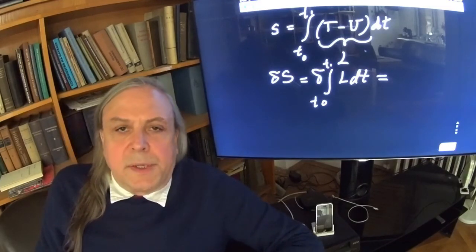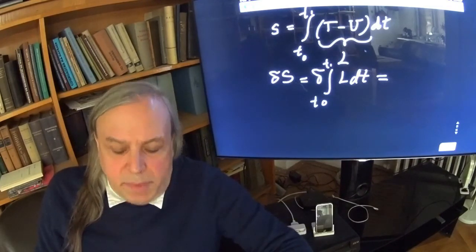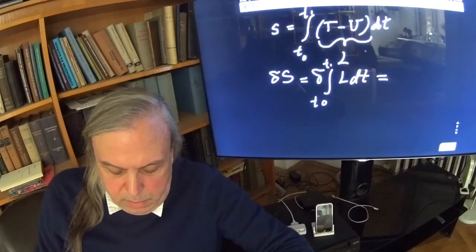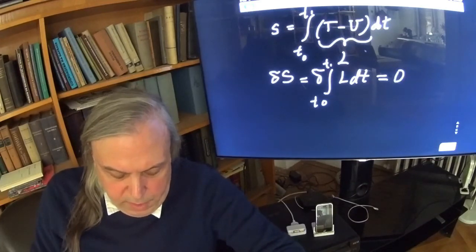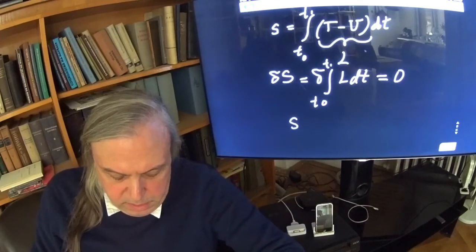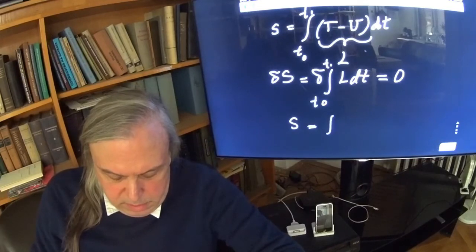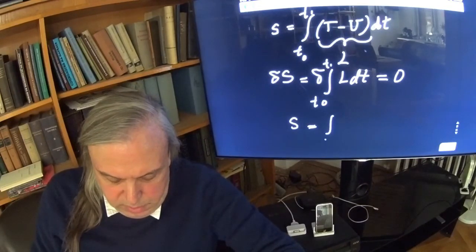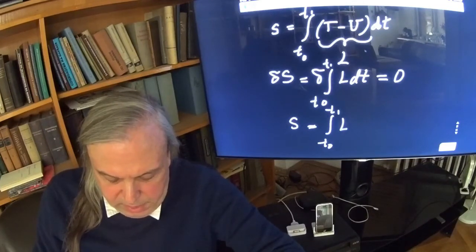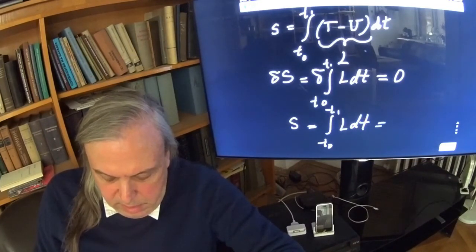And according to classical physics, this variation must be zero. From where S, which is equal to integral from t0 to t1 L dt, must be constant.